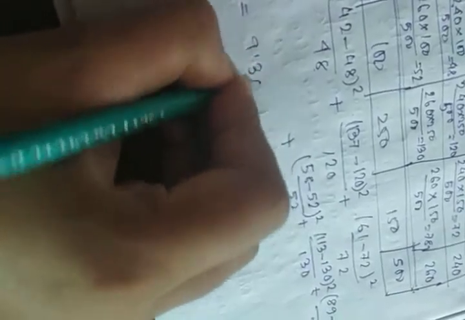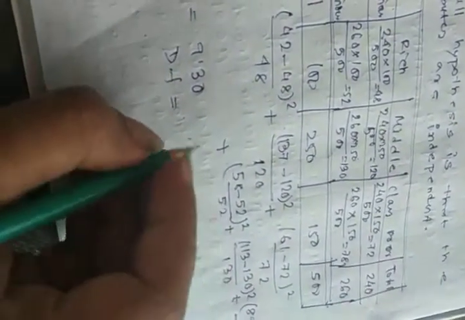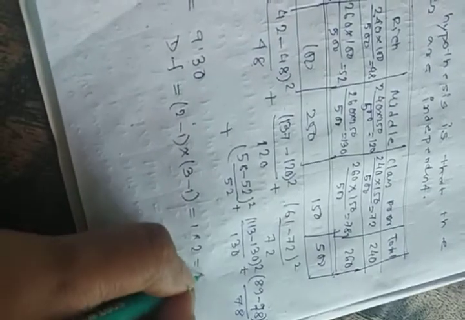After calculation, its result is 9.3. Now we have to calculate the degree of freedom. D.f. equals to (total row minus 1) into (total column minus 1). Here total 2 rows and 3 columns. So 2 minus 1 into 3 minus 1, obviously 1 into 2, this is 2.